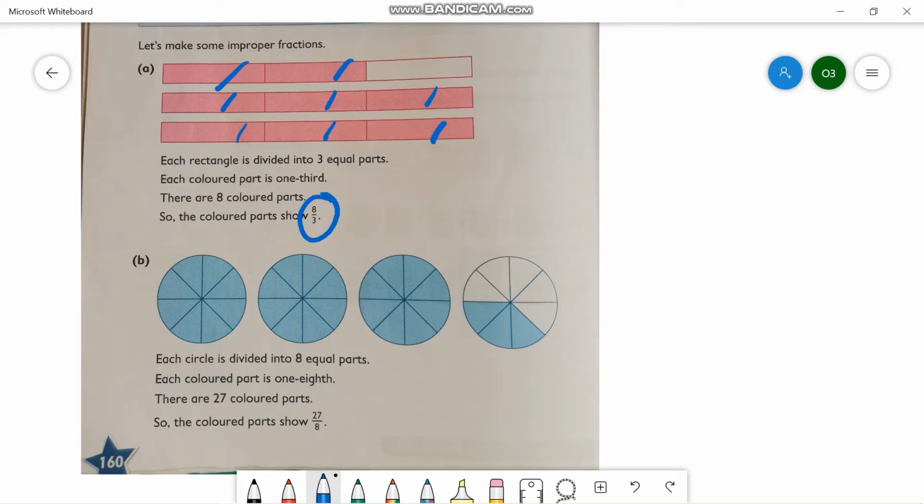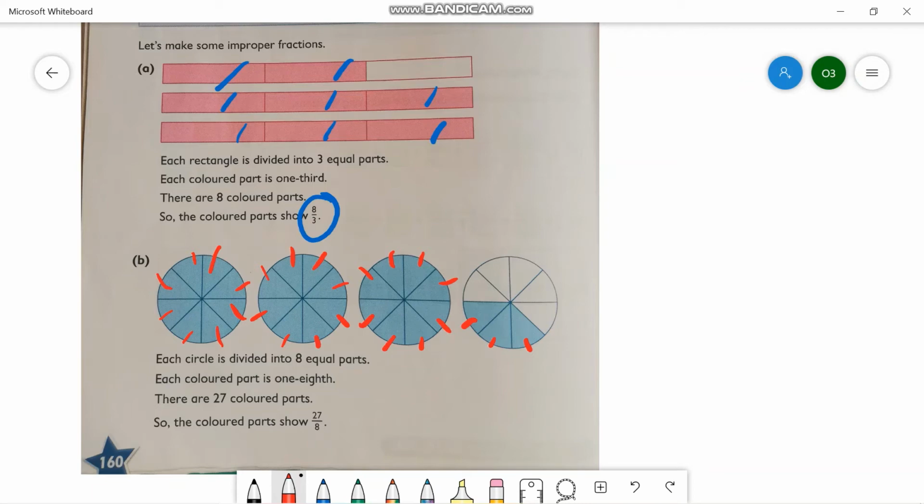Now let's go to letter B. Each circle is divided into 8 equal parts. Each colored part is 1/8. There are 27 colored parts. Can we count them? 1, 2, 3, up to 27.